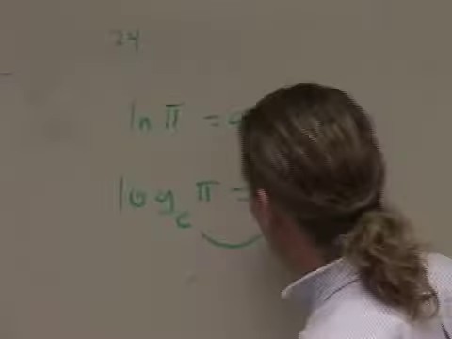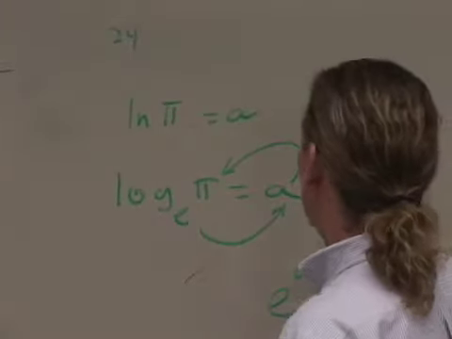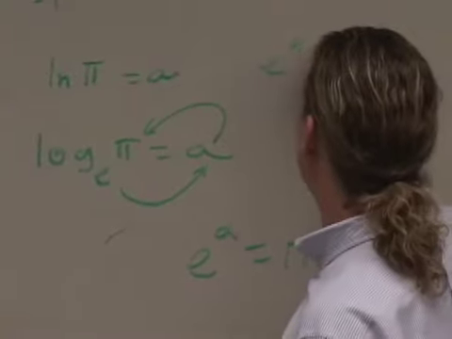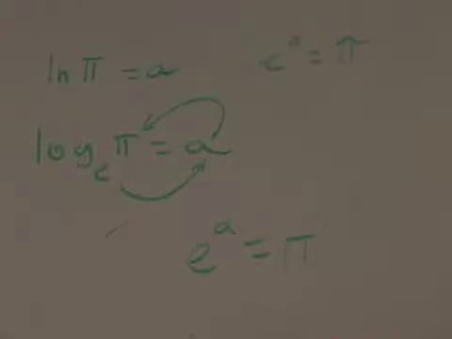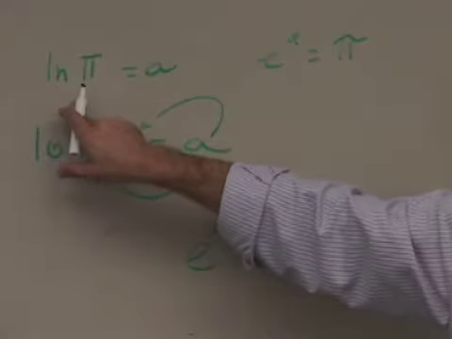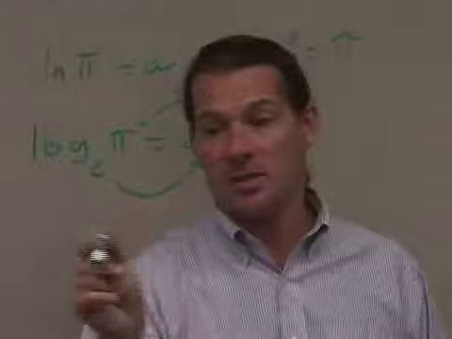That means that e raised to the a power is equal to pi. Of course, if I would have come up here without explaining that and said, oh, the answer is e to the a equals pi, what would have been your first question? What's e? Now, I don't see an e. Well, it's there. It's the natural log. It's log base e. That's what the ln stands for. And it's on your calculator.